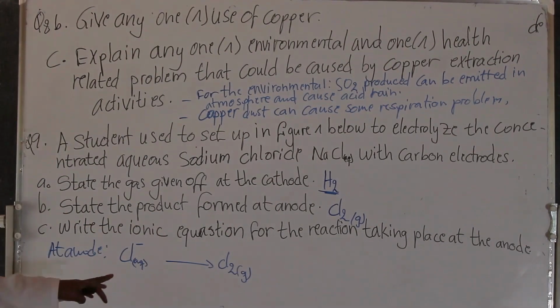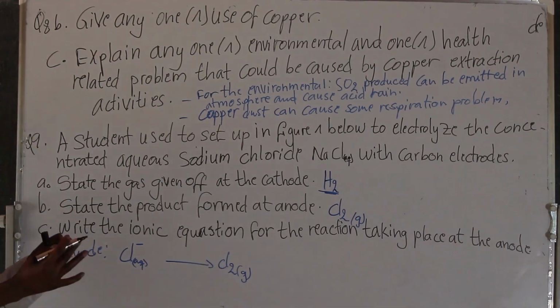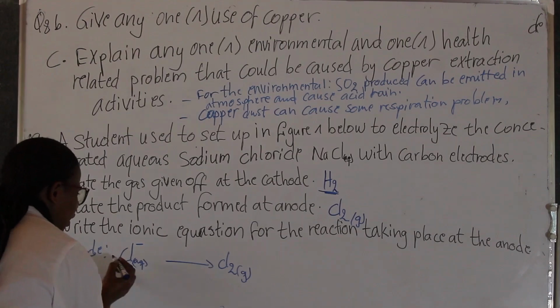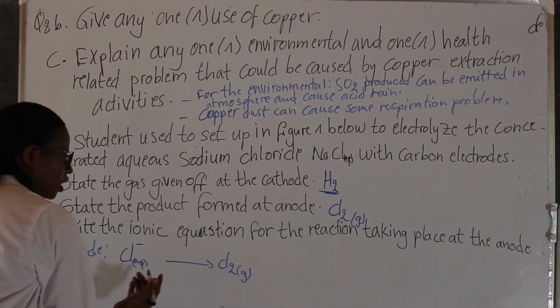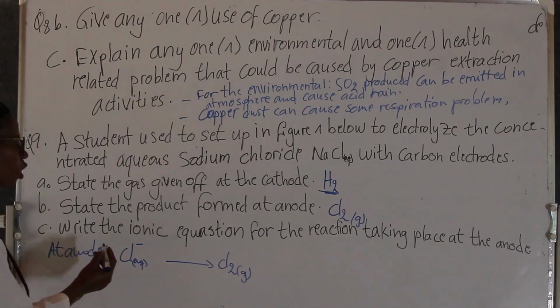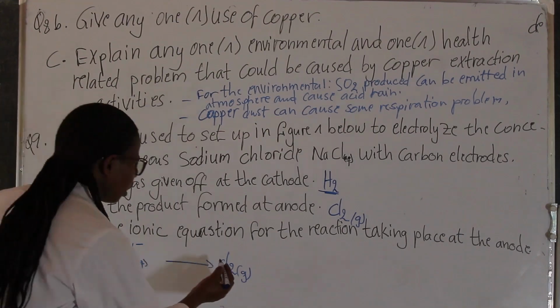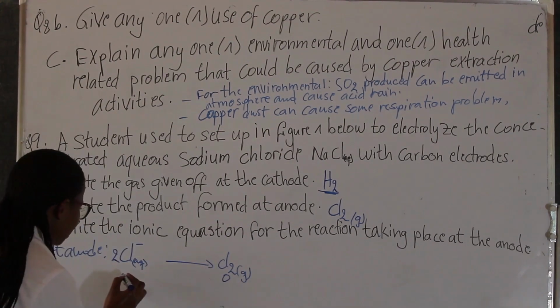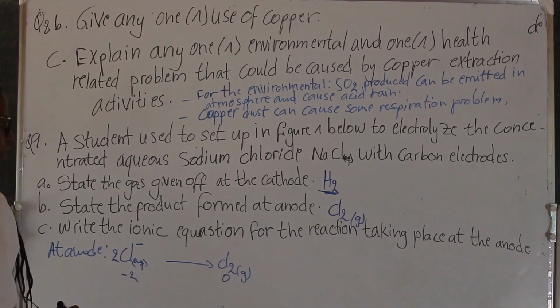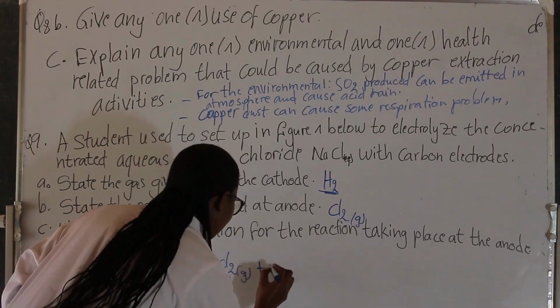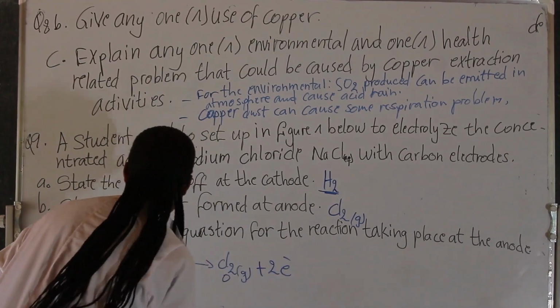Here, the oxidation state of chlorine, we all know, is minus. Let us first balance our chemical equation. Here we have 2 chlorine in the product. In the reactant, we should also have 2 chlorine. This chlorine has 0, while this has minus 2. This should lose 2 electrons.